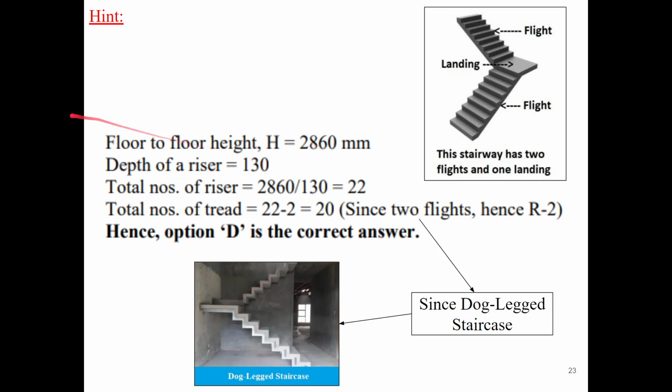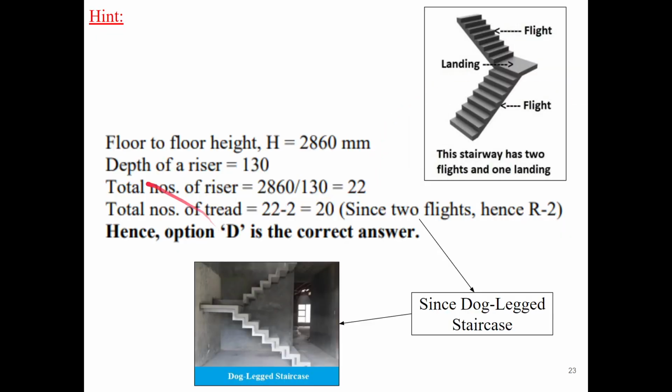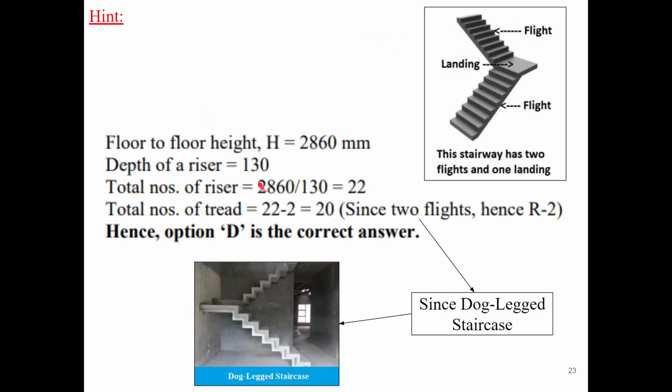Here the floor to floor height is 2860 millimeter, and the depth of a riser is 130 millimeter, right? So dividing the floor height by the depth of one riser, we get the total number of risers, which is 22. Dividing 2860 by 130, we get 22.